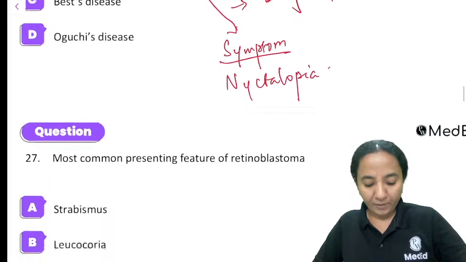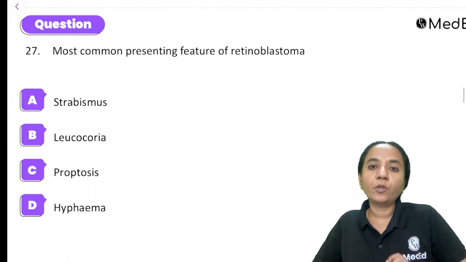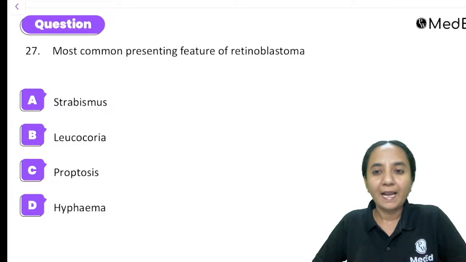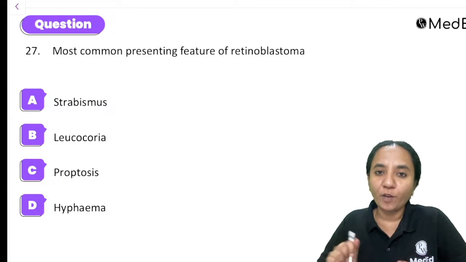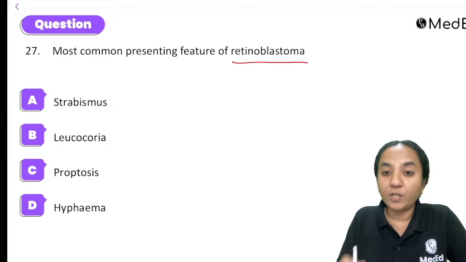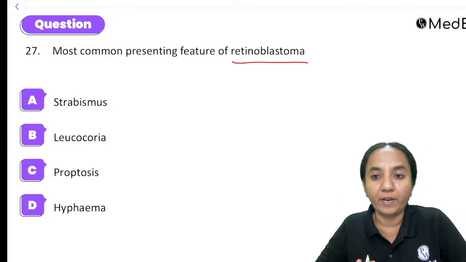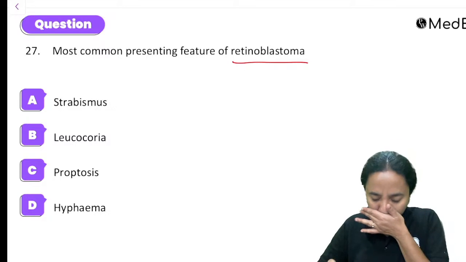Okay, chalo, next question. What is the most common presenting feature of retinoblastoma? I think this is something you have to know like the back of your hand. Retinoblastoma, we just learned, is the most common intraocular malignancy in children, right?